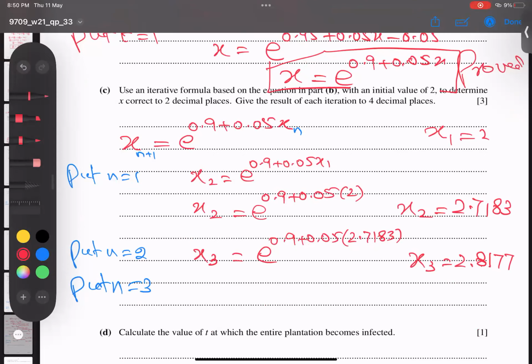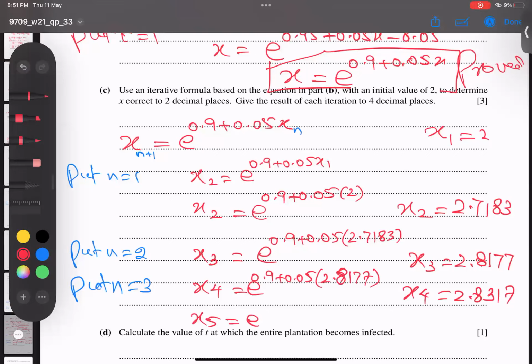When I plug in n3, x4 is giving us e to power 0.9 plus 0.05, and this value will come in this bracket. 2.8177. And x4 I am getting is 2.8317. Gradually it is converging. Now I can show the fifth term even to examiner.